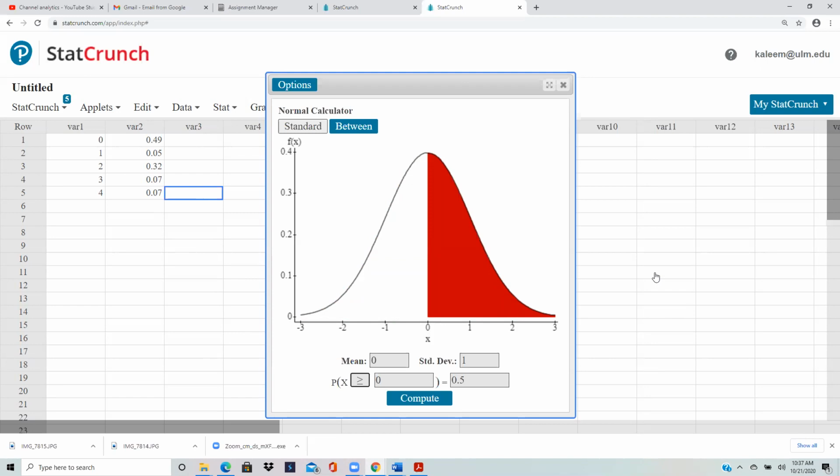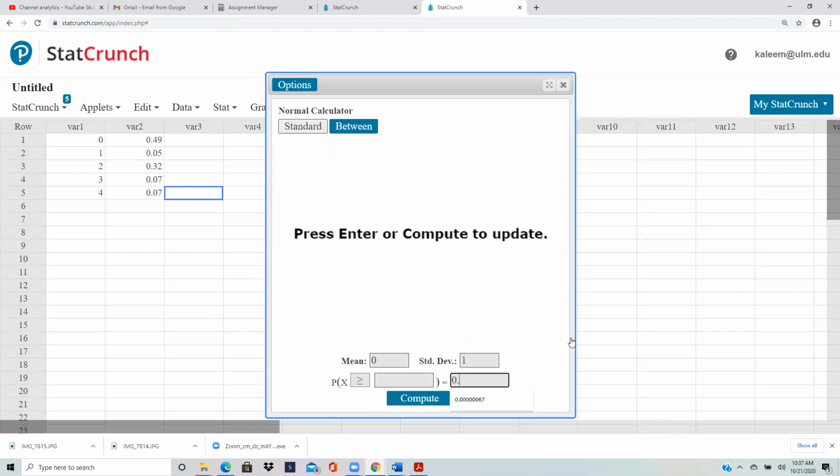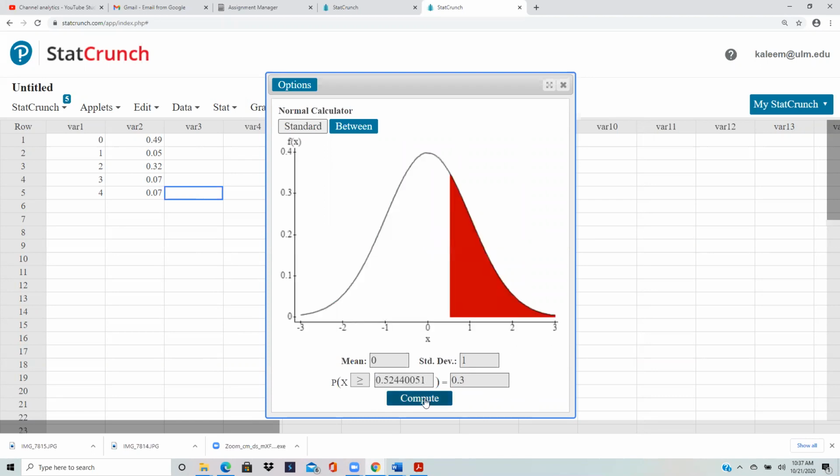Would it go in the area box? Very good. This was your last chance today and you did it right this time. Okay, so 0.3, and that's 0.5244.